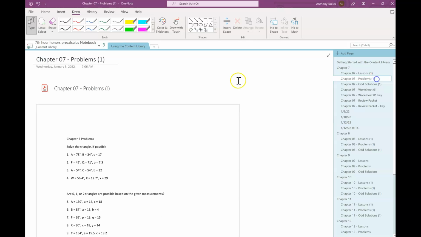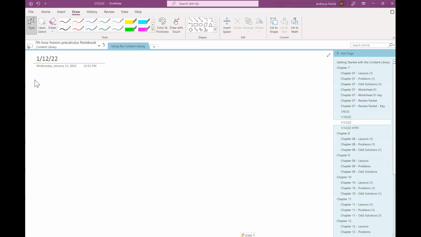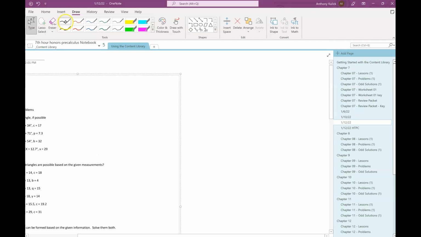All right, let's grab this. All right, so 19, the directions here ask to solve the triangle if possible. So we're going to have to make sure that we're being careful because it's possible that no triangle is possible kind of thing.